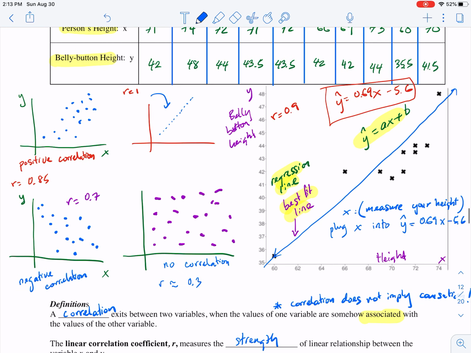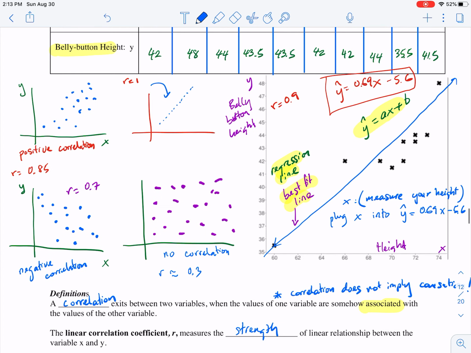Once you measure your height, plug the value of your height into this regression equation and get the answer. Then compare the predicted answer to your actual height.